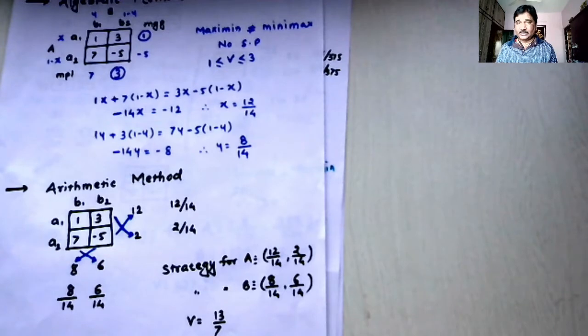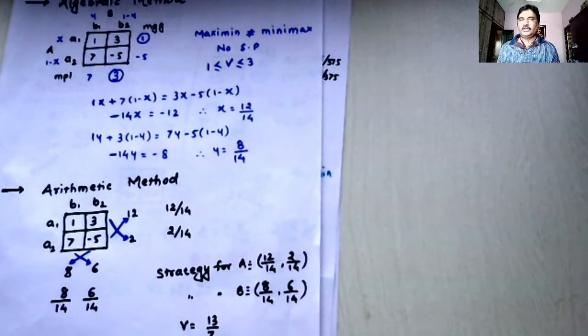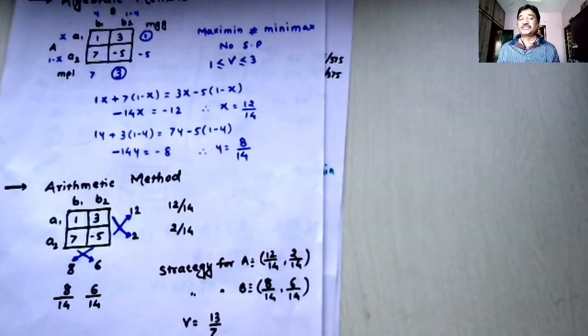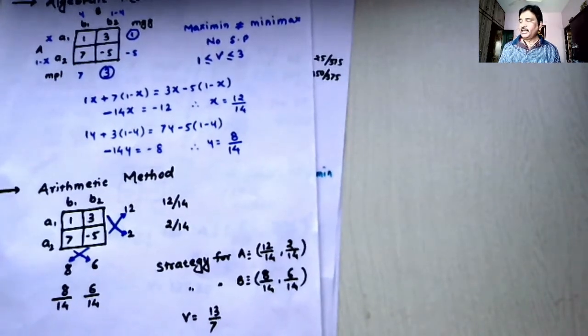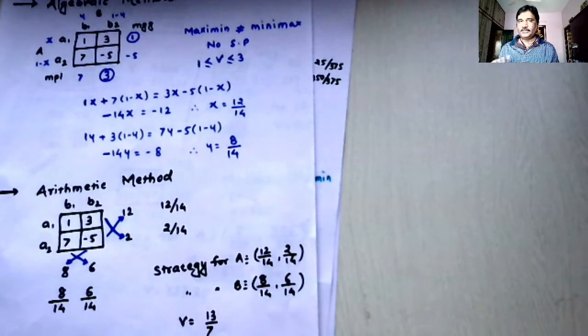In the last lecture, you saw reducing the payoff matrix by the principle of dominance, but at that time, if you recall, it was a 5 by 6 game, 5 rows and 6 columns, that finally got reduced to 3 by 3. So this algebraic or arithmetic method cannot help you get the strategies for player A and player B. There will be some other method in that case. So only if the game gets reduced to 2 by 2 can you use the arithmetic method.